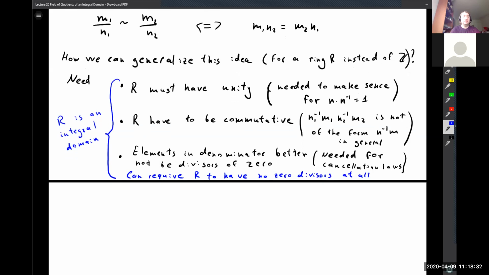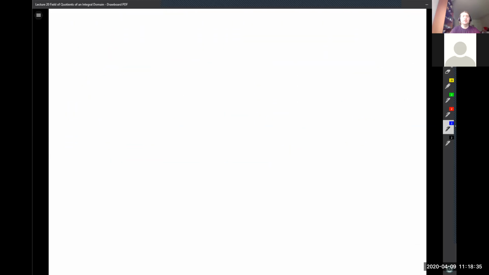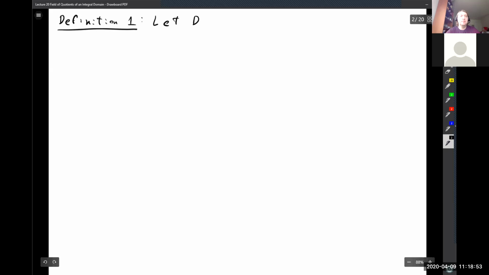So let's go ahead and introduce our first formal definition. So that will be definition 1. Let D be an integral domain. First we define the set of formal quotients.